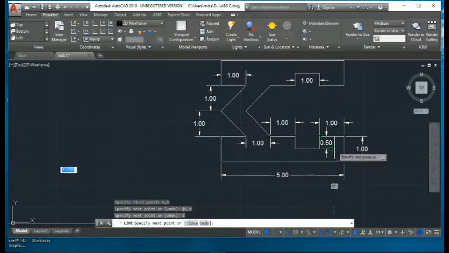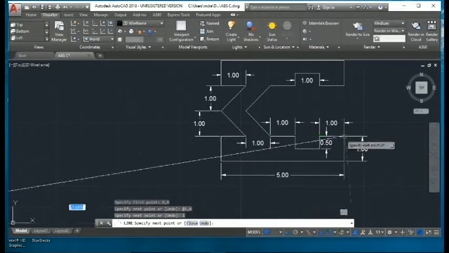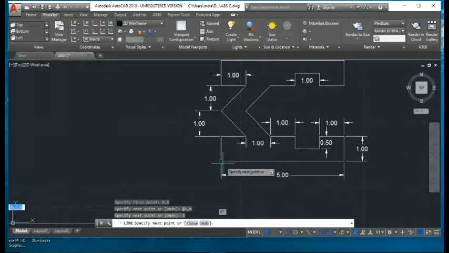Next point is this point, so the length of this line is 1. So the x coordinate of this point is 4 and y is 1. So the coordinate value of this point will be x equals 4 and y equals 1.